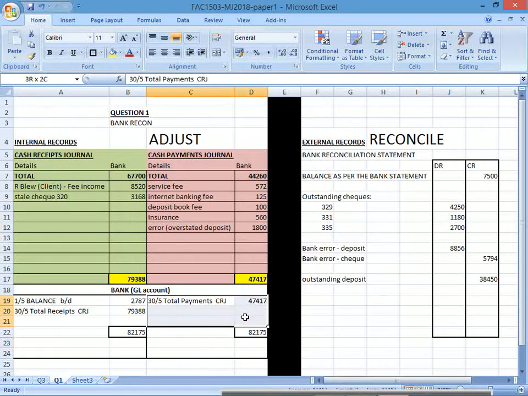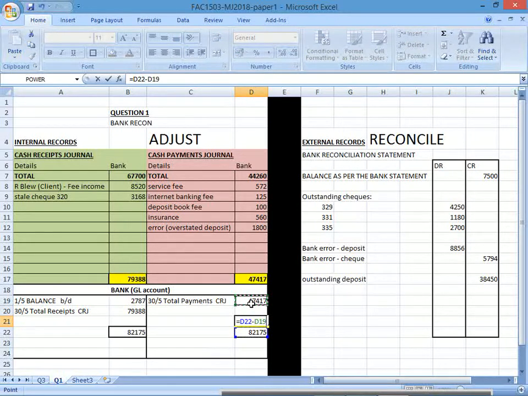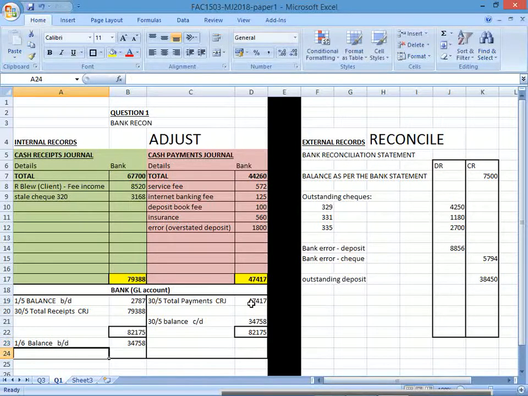On the right, on the credit side, I'm missing a credit. The missing credit will be the difference. 82 minus 47 gives you the 34, which is the balance brought down. Carried down, brought down. 30th of the 5th, balance carried down. 1st of the 6th, balance brought down.